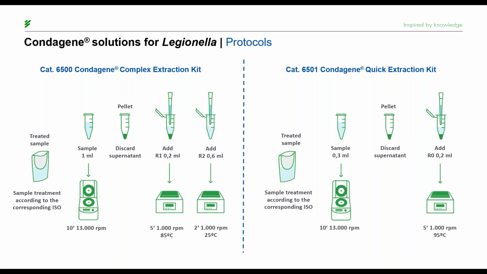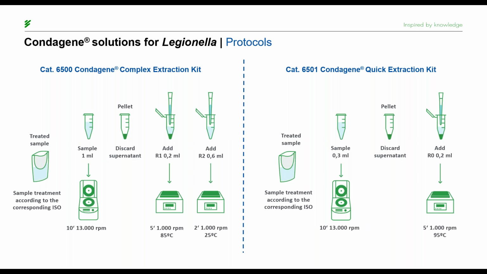For the complex kit, we would have 1 milliliter of dilution. We would centrifuge for 10 minutes, 13,000 RPM, with which we would obtain a pellet. And then the supernatant is discarded. This pellet is resuspended with 0.2 milliliters of reagent 1.